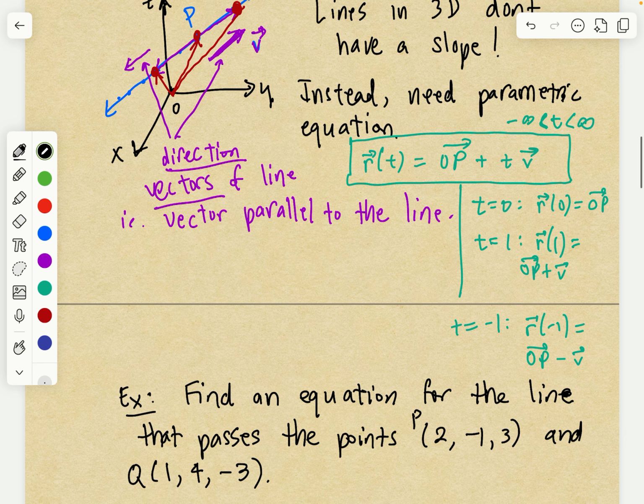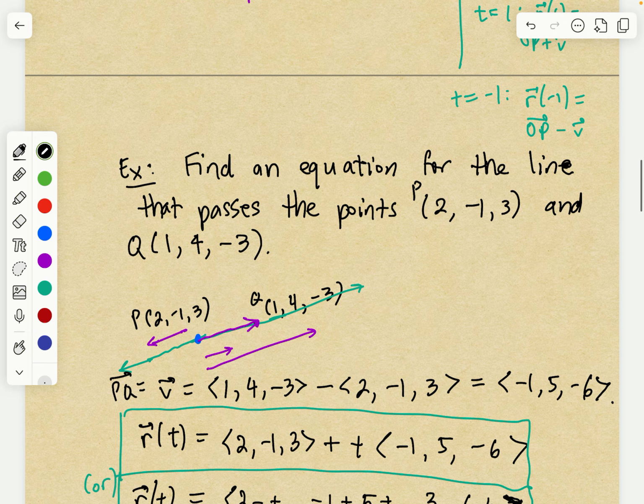Instead, you need parametric equations where you describe, at each time t, if you think of t as time, in terms of a single variable, all the points on the line. If you take a point p on the line and a vector v that's parallel to the line, then you are going to get OP plus tv, where t ranges over all the real numbers.